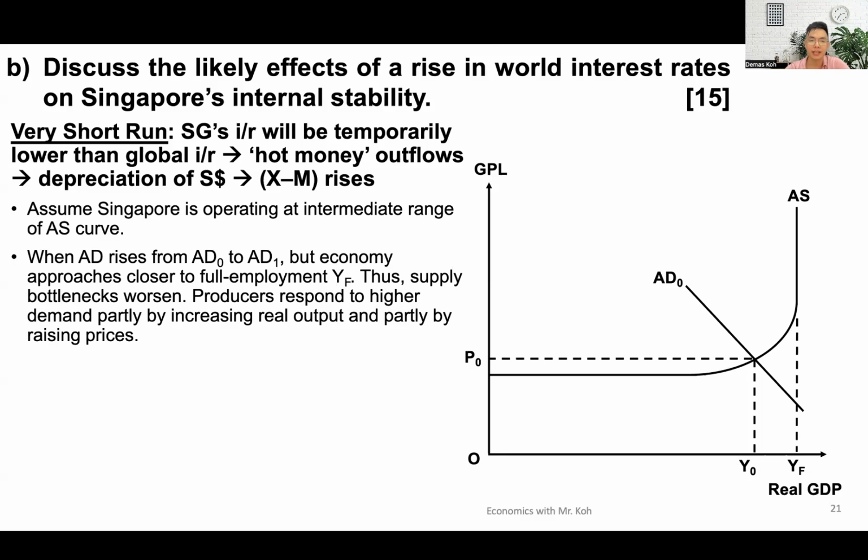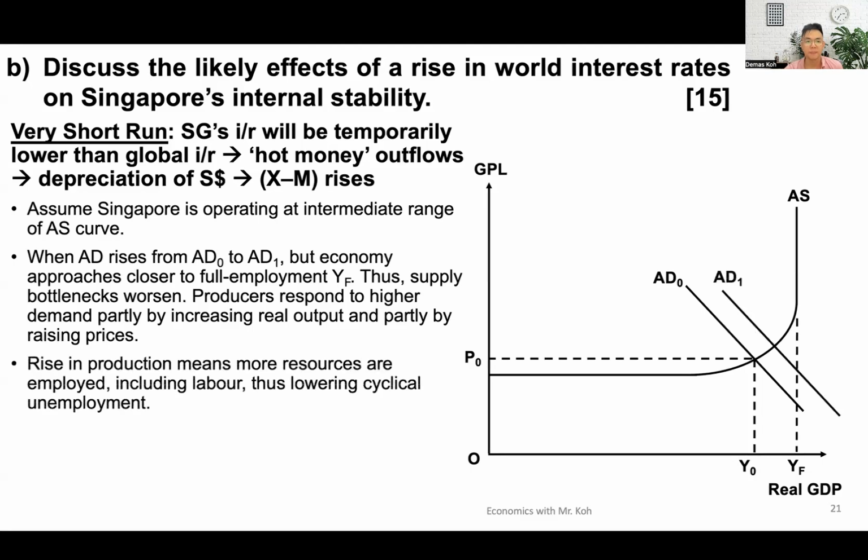Therefore, supply bottlenecks worsen, and producers first respond to higher demand partly by increasing real output and partly by raising prices. The rise in production means that more resources are employed, including labor, therefore lowering cyclical unemployment.